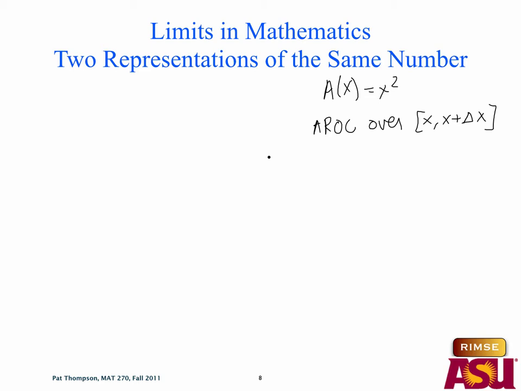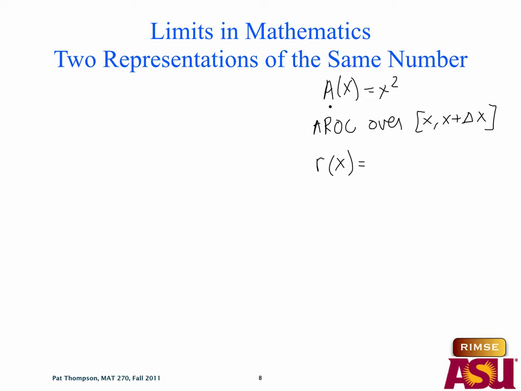So we had this way of computing the rate of change of a function over an interval, and we said that it was that function's value at the right endpoint of the interval.